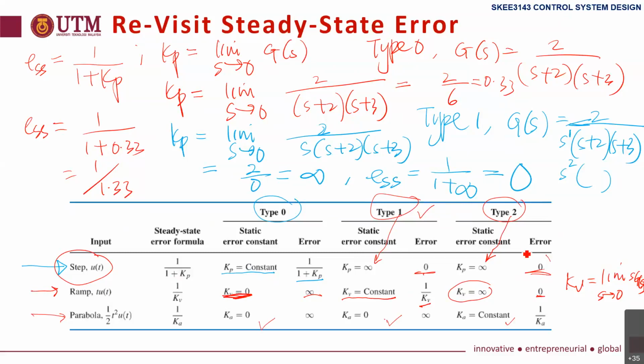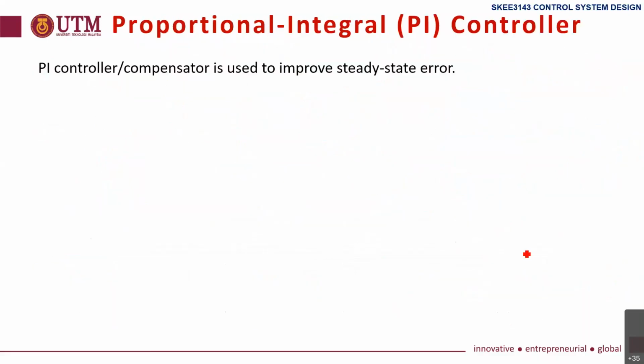Parabolic from 2 to 3. Then we get 0 error. That is the basic theory, the basic concept in designing PI controller. Okay? We want to increase the system type. Then let's move into the first controller, PI controller.